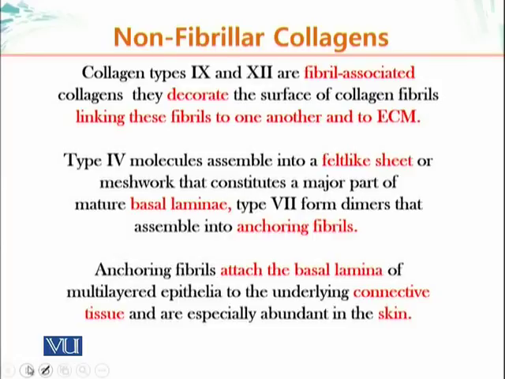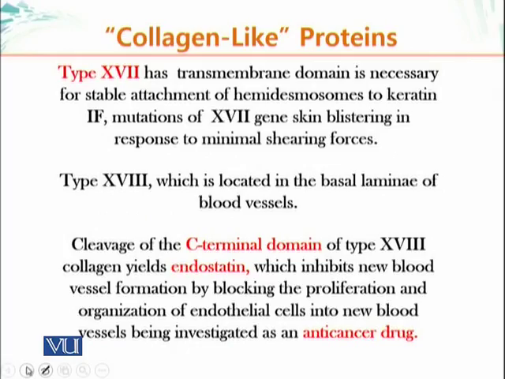But here I would also like to mention that anchoring fibrils that attach basal lamina to multilayer epithelium are especially abundant in the skin. Type 17 collagen has a transmembrane domain and is necessary for stable attachment of hemidesmosomes to keratins.